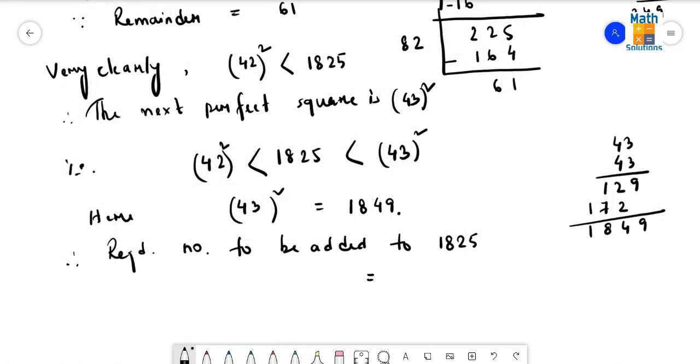Like the previous one, from this square number 1849, I have to subtract 1825, and let us check what answer we get. Of course, it is 24.